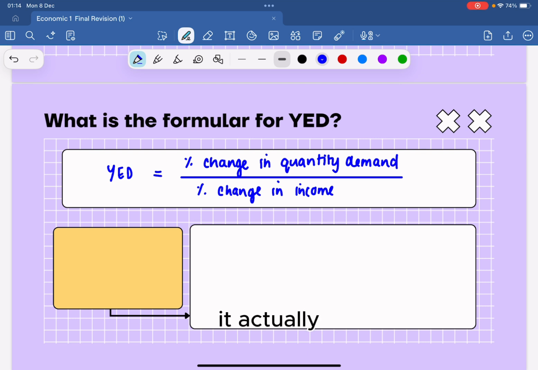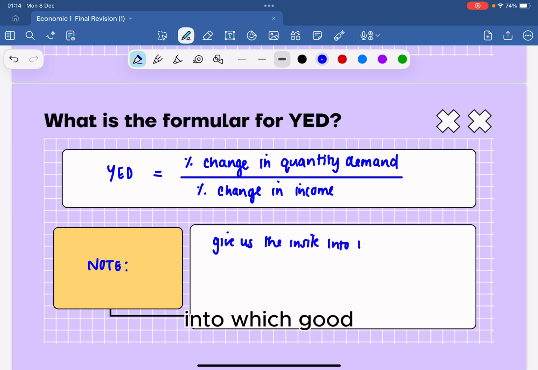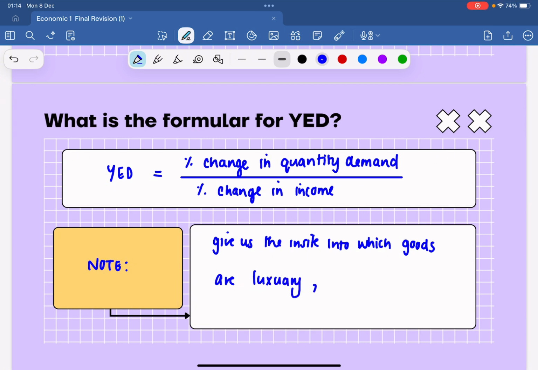It actually gives us the insight into which goods are luxury, normal, or what?